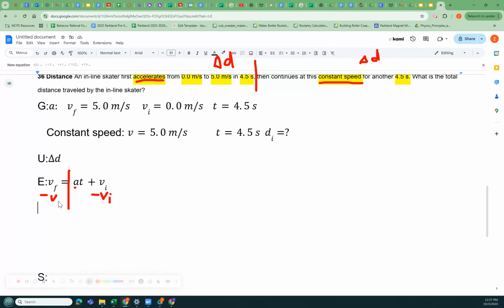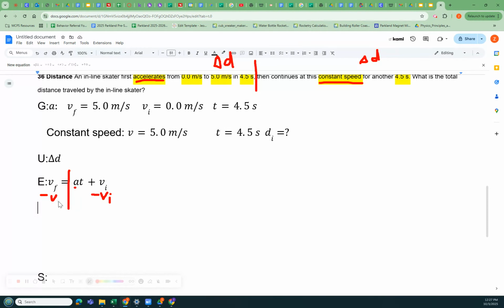Okay. Then you have Vf minus VI equals AT. Then to get A by itself, well, it's being multiplied by T. So the opposite of that is division. So we'll divide by T. Do the same thing on the other side of the equation. Then T cancels, and then there we go. That's our new equation.